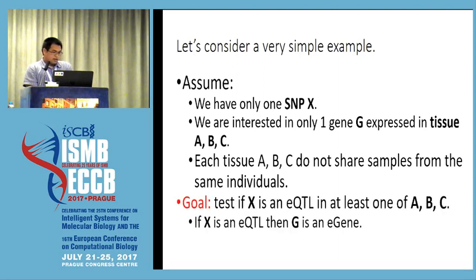The goal is to test if X is an eQTL in at least one of the tissues A, B, and C. If X is an eQTL, then G is also an eGene, because by definition, G has a SNP that is associated with its expression.